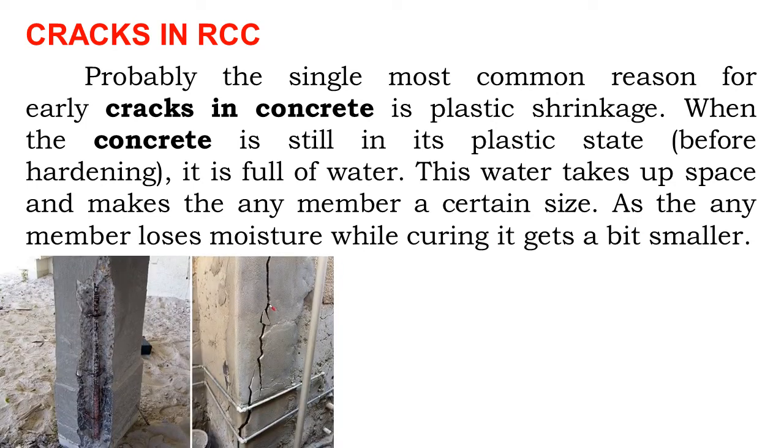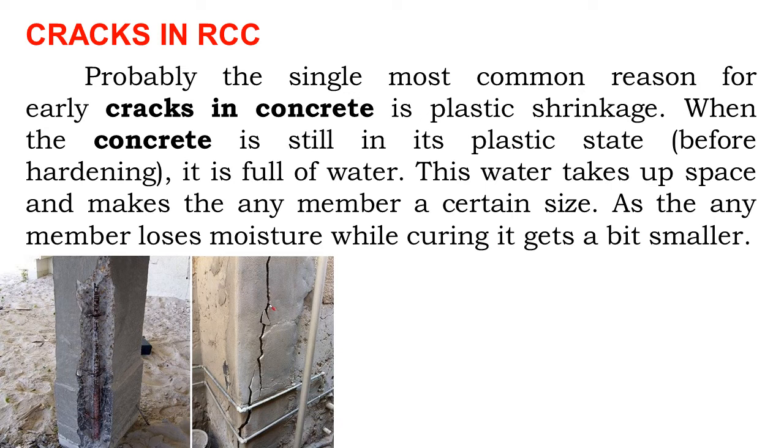When the concrete is still in its plastic state, before hardening, it is full of water, because whenever we prepare concrete we mix sand, cement and aggregate with water, and after mixing, some amount of water remains in the concrete, and this water takes up some space and gives the member a certain size.